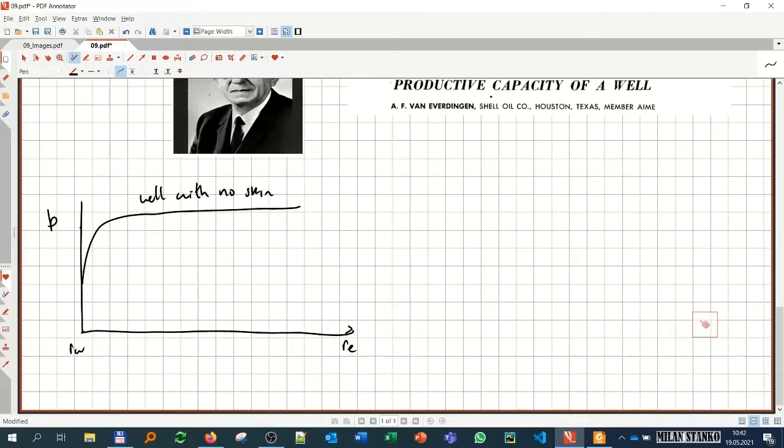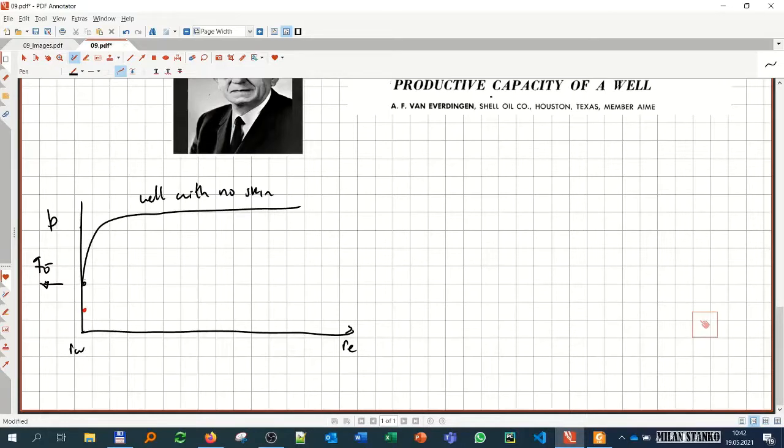But in the actual case the well might have a lower pressure. Here I'm saying this is the same QO that is flowing out of the formation.